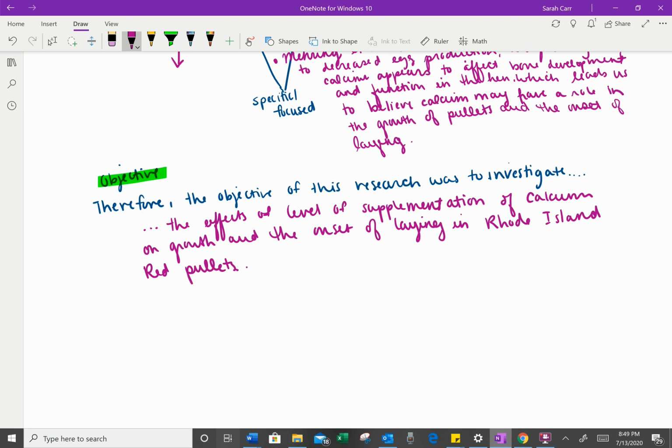So we might say something along the lines of, therefore, the objective of this research was to investigate the effects of level of supplementation of calcium on growth and the onset of laying in Rhode Island red pullets.